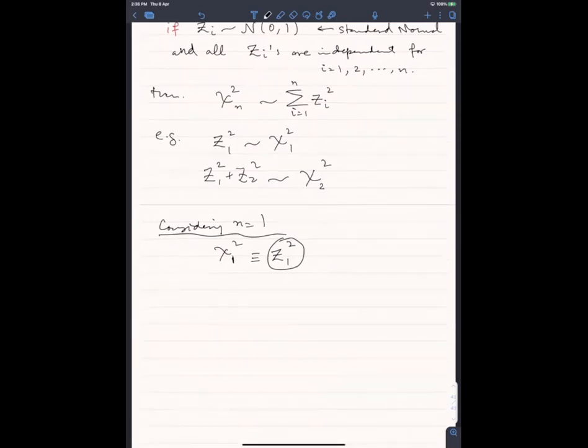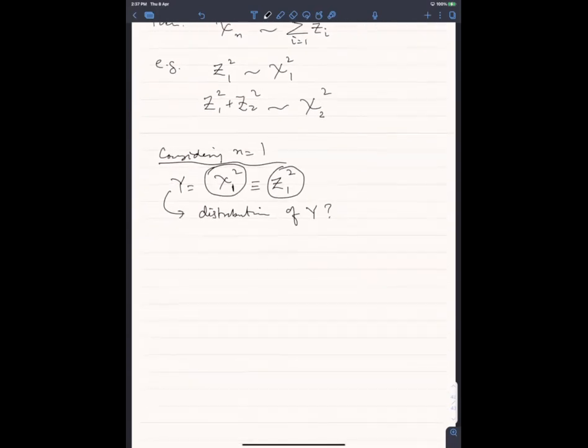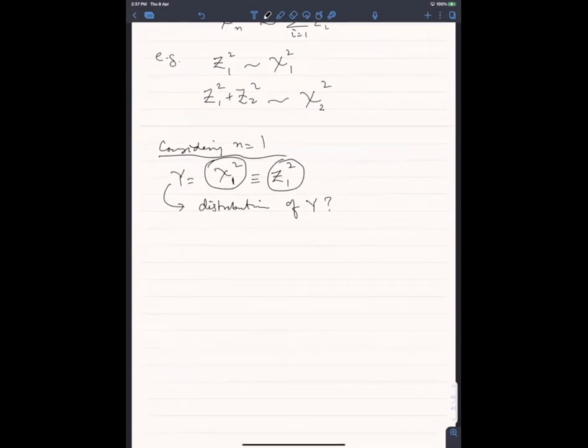Okay. So what is the distribution of this, y equal to this? Distribution of y. We can calculate the distribution of y using y is equal to z1 square, and find the PDF of y.